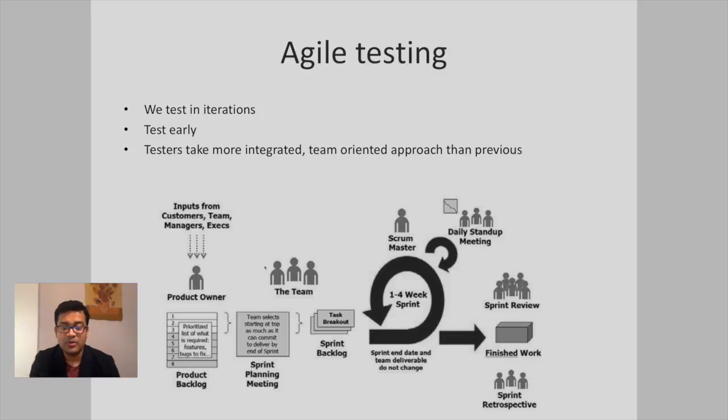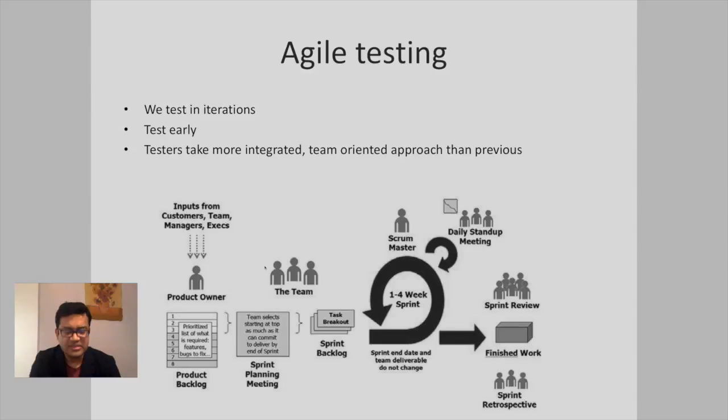The whole sprint is broken down into several tasks, and a sprint backlog is created. Generally, a sprint is from 1 to 4 weeks in duration. This is the Scrum Master. Most sprints may or may not be governed by a Scrum Master, because in many places product owners or product managers also play the role of Scrum Master. You don't need a separate Scrum Master for that.